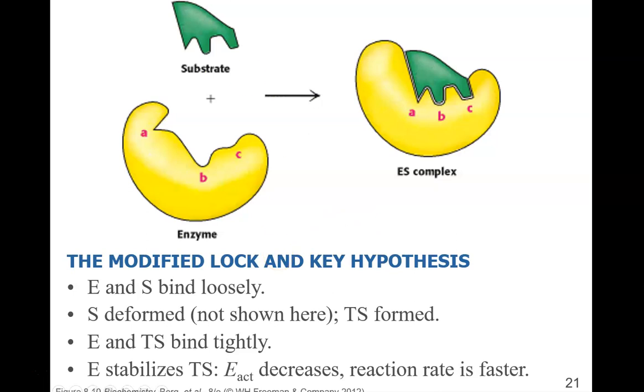So this doesn't show this all that well, but imagine that this is my enzyme and the substrate has to strain towards the enzyme, the geometry, in order to form the enzyme-substrate complex. So if I deform my substrate towards the geometry of the transition state, then the enzyme and the transition state bind tightly, and the transition state is stabilized, the activation energy is lower, and the reaction rate is faster.